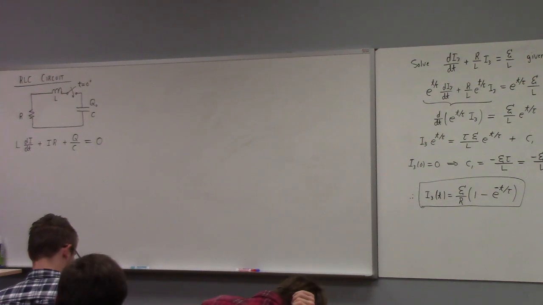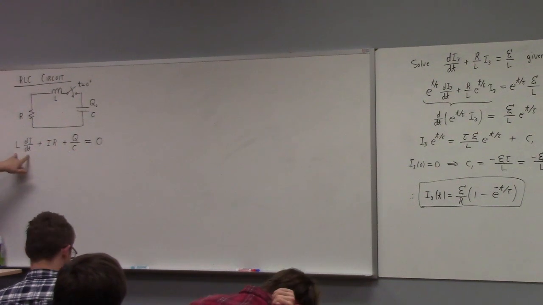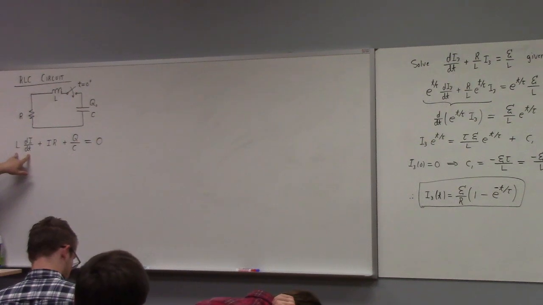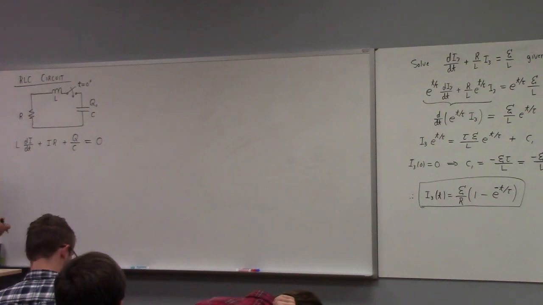So this is Kirchhoff's voltage law. This is how the voltage behaves. Ohm's law for the resistor, essentially Faraday's law paired with our definition of inductance for the inductor. And this is essentially the definition of capacitance, right?